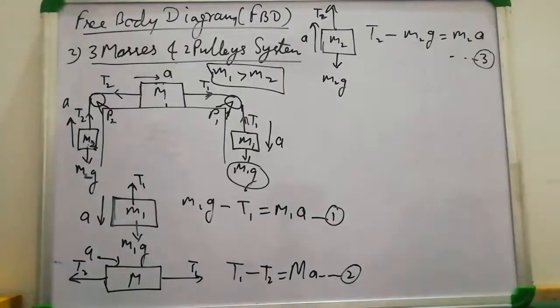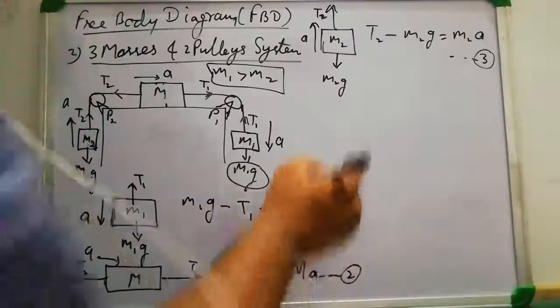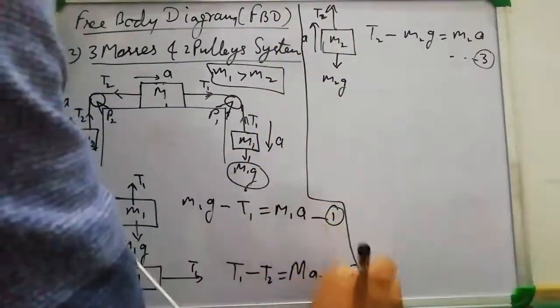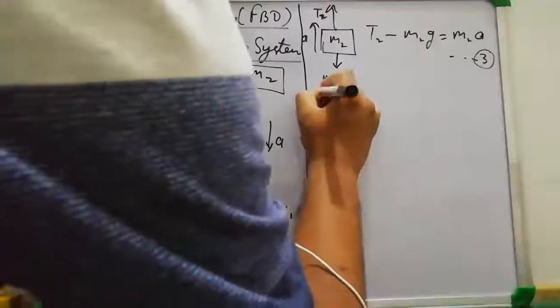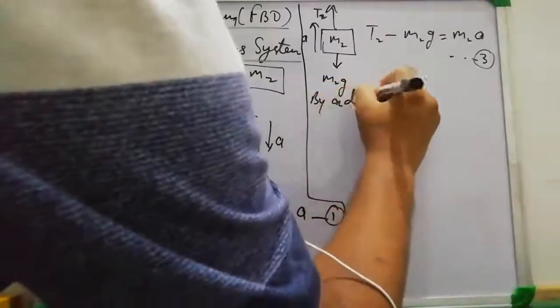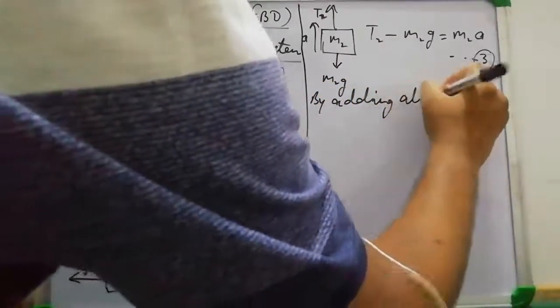Now what will we do? We will add up all these three equations and we will solve for acceleration and tension. So first of all, let us add all the three equations.